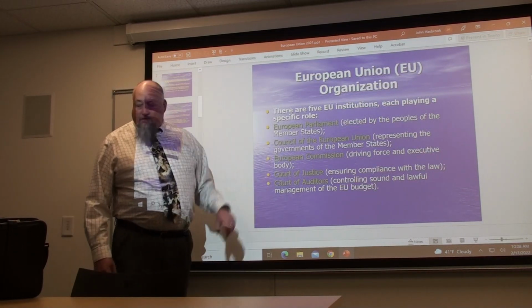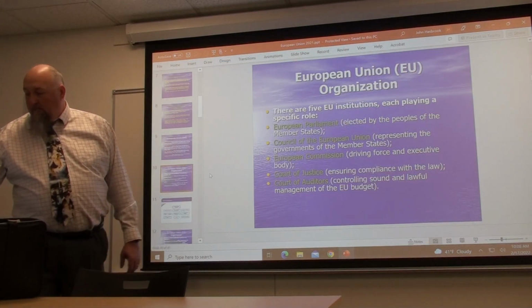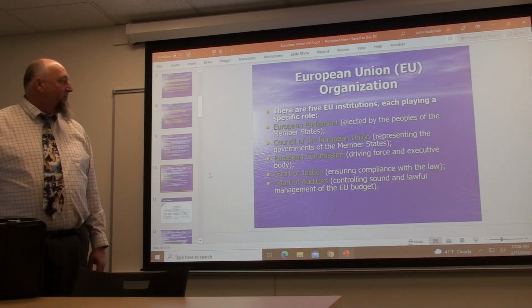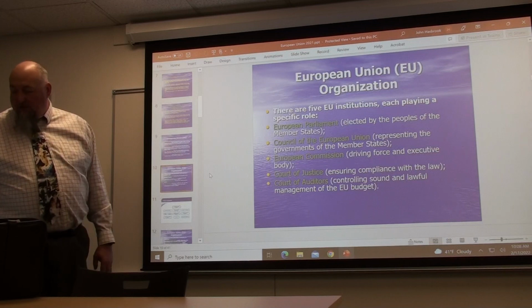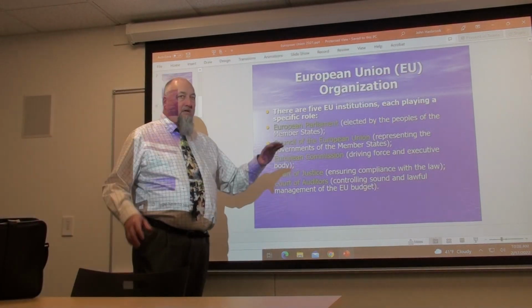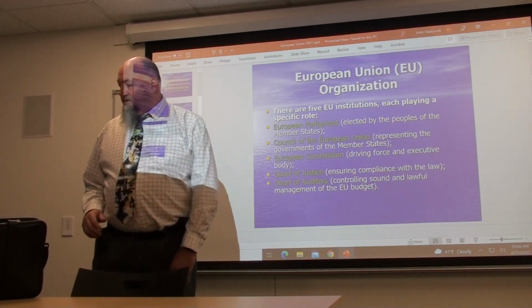Okay, next we have the Council of the European Union, which has a member of each of the governments of the European Union itself. And then we have the European Union Commission, which also has a member of each of the EU member states.